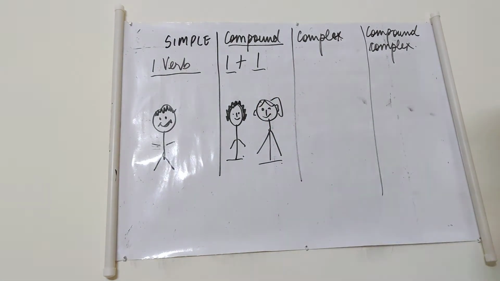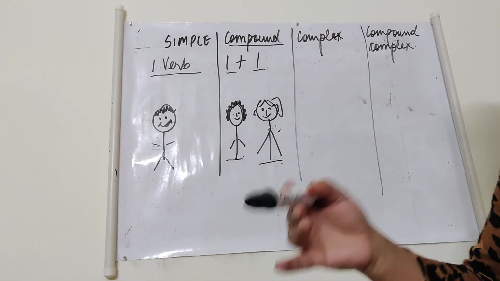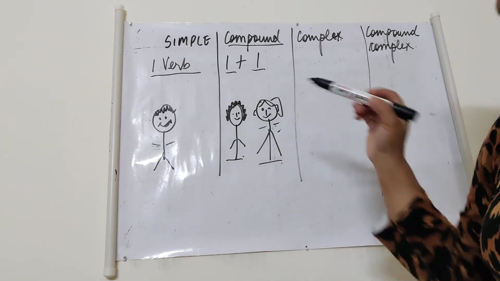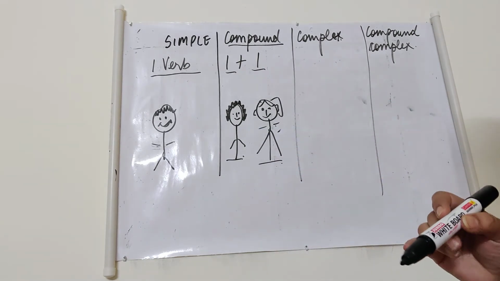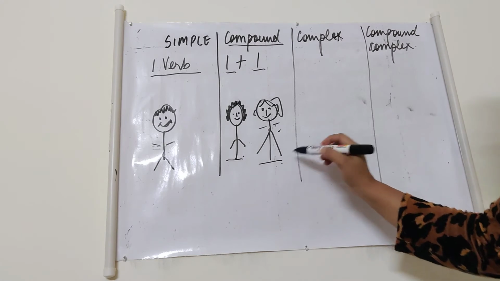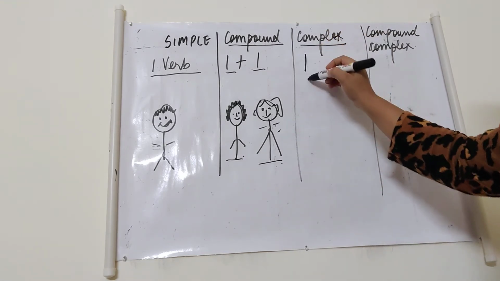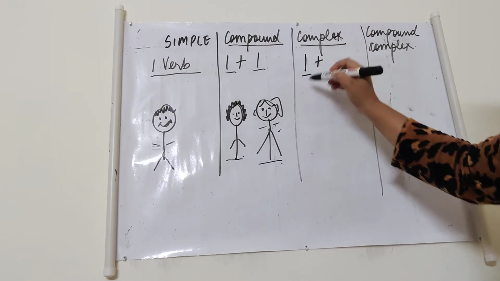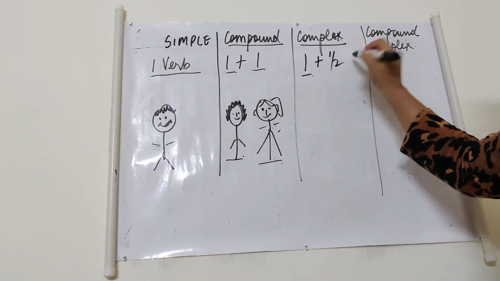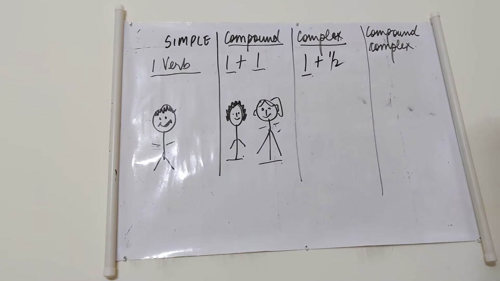Now once they get married, they have lots of tussles, and now the wife says, I'm not going to live with you anymore, and she decides to divorce him. And also they have a son. So here in the complex sentence, as we said, only one principal clause, that is one verb and a half verb of the subordinate clause.